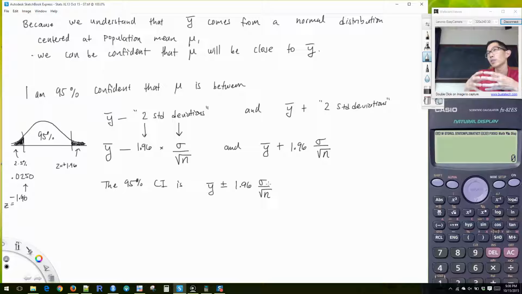However, we're introducing another layer of uncertainty, right? We don't know if my sample standard deviation is too big or too small. So we have to compensate for this additional uncertainty. To give us some breathing room, we're going to change the number from 1.96 to something a little bit bigger.